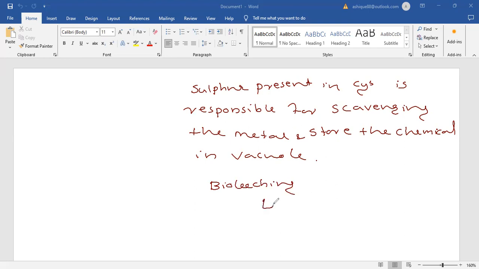We can use Leptospirillum, Thiobacillus, Thiobacillus ferrooxidans. All these organisms we can use for bioleaching. Okay, that's clear.